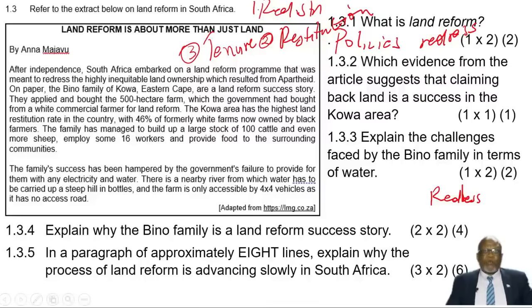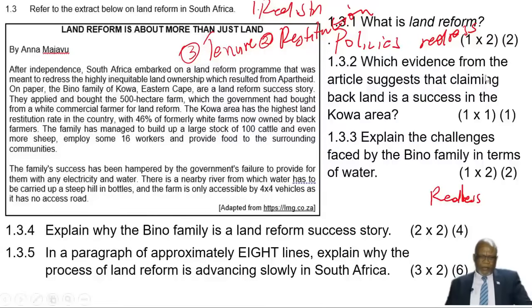A farmer cannot just chase you away before finding you an alternative area to stay. So that is land tenure, the protection of people's rights to occupy the land. Restitution is when the land is given back to people or people are compensated, and redistribution is when the land is given to previously disadvantaged people for residence, farming or any other purpose.